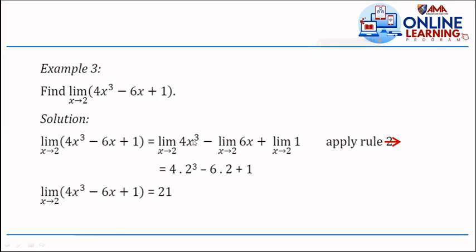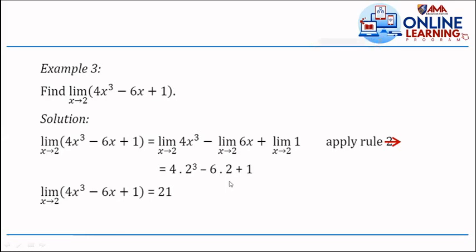Tapos, 6x, so 6 times 2. 2 raised to 3, ibig sabihin nun, you're going to multiply 2 three times. So 2 times 2 times 2, we have 8 times 4, we have 32. 6 times 2 is 12. 32 minus 12 is 20 plus 1. So we have a total of 21. Okay? Any questions? Number 3?